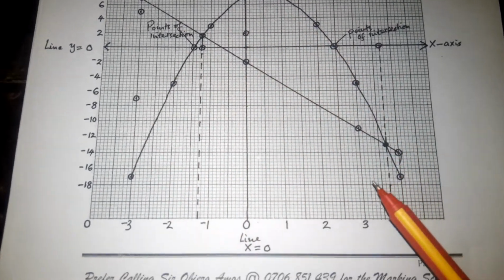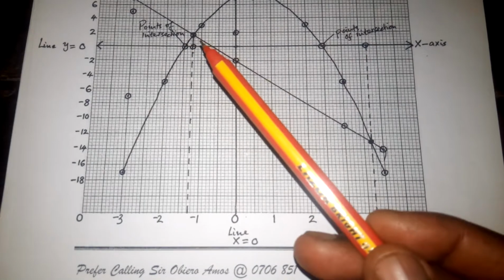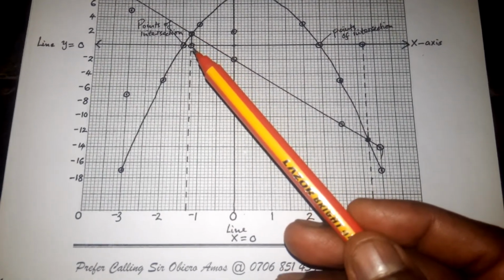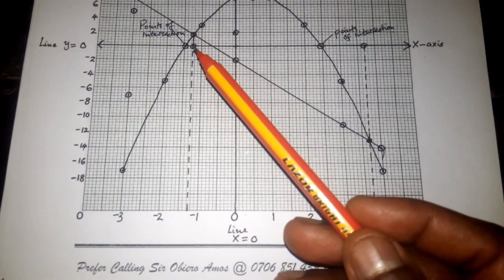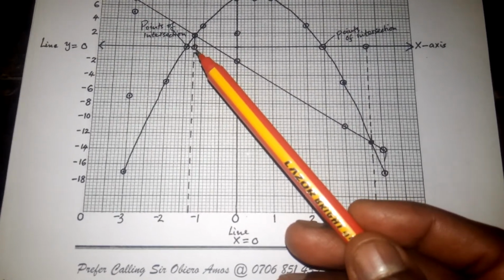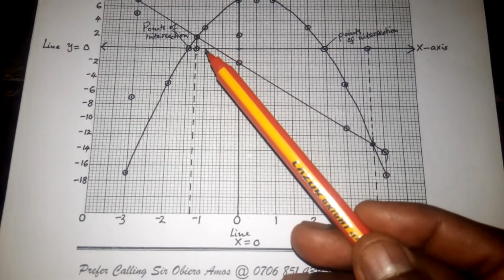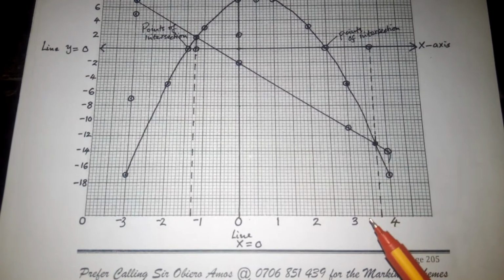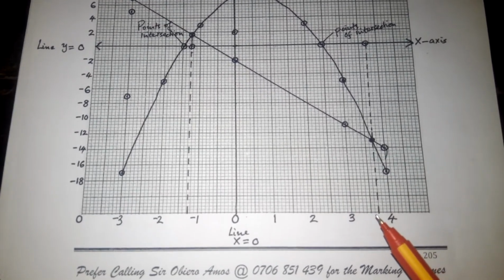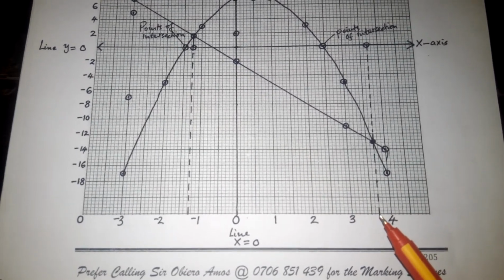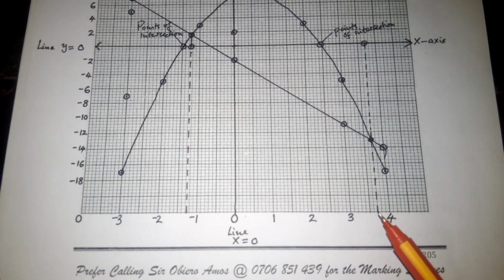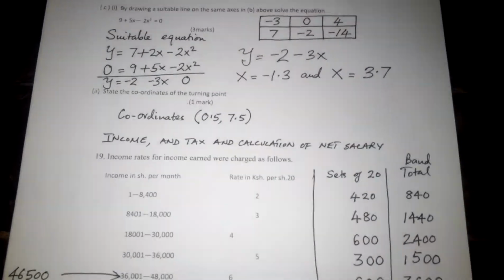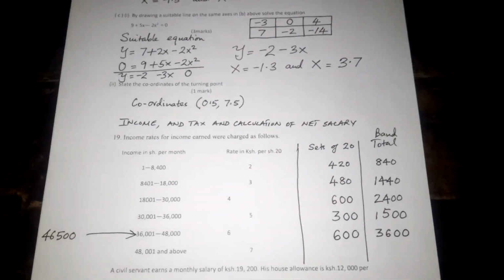And therefore the points of intersection here will give us the solution. I have produced them here, so you should be able to use your scale and get -1.3, and in this case 3.7. So those are our solutions.